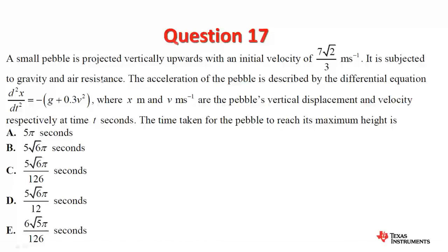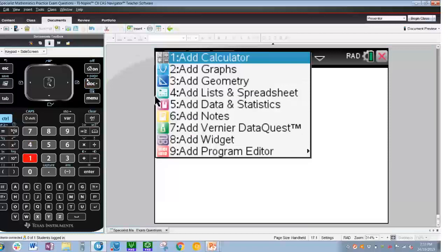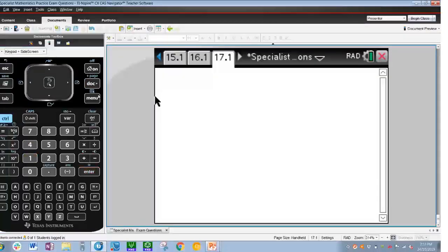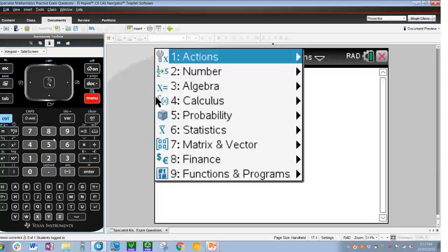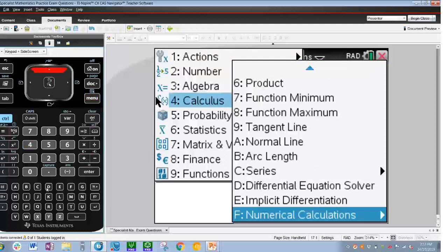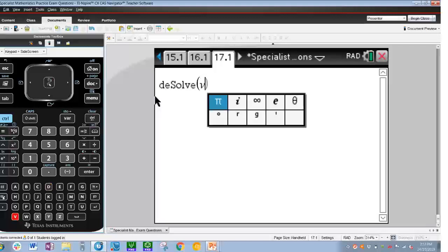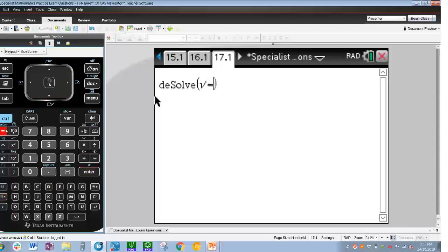So we're going to create, again, a new document, and I'm going to use my differential equation solver. To get the differential equation solver, menu 4 for calculus, press up, and the differential equation solver, as you can see, is option D. So we have the derivative of v, so that will be v prime, and go all the way to the bottom there. v prime is equal to negative bracket g plus 0.3v².